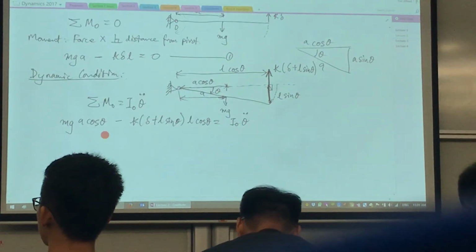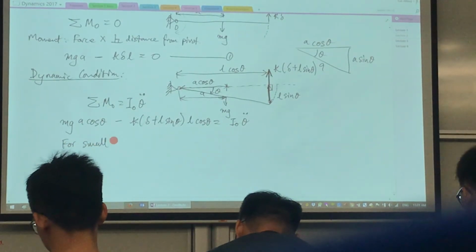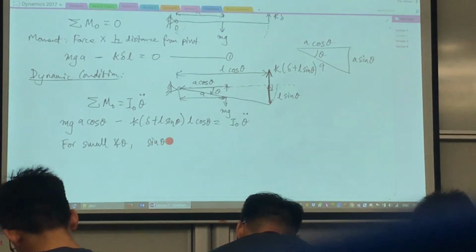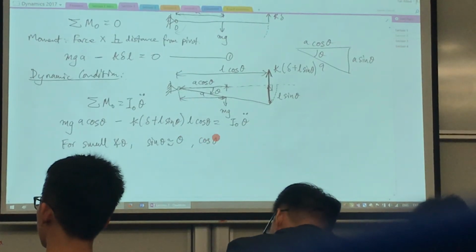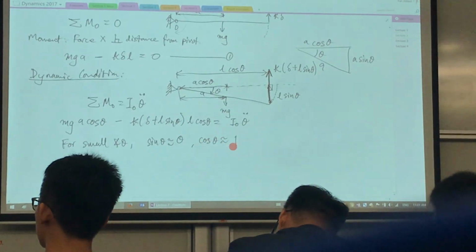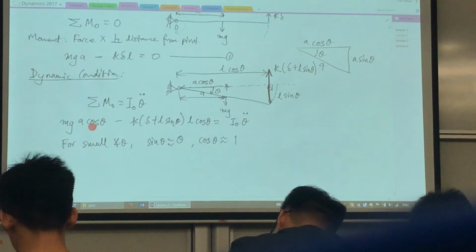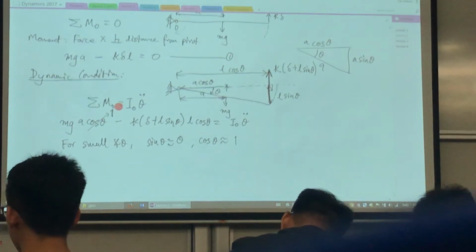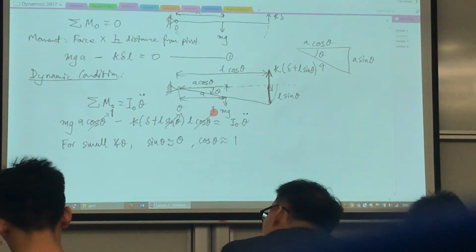So we know that for small angle theta, sine theta is approximately equal to theta, and cosine theta is approximately equal to 1. So this term over here, cosine theta, is approximately equal to 1. This one, theta, and this one, 1.